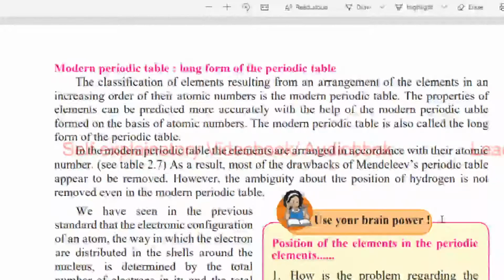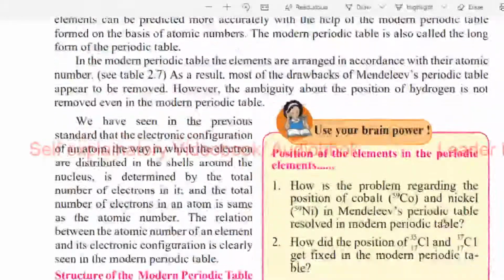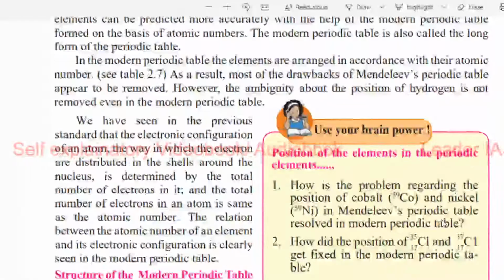The modern periodic table is also called the long form of the periodic table. In the modern periodic table, the elements are arranged in accordance with their atomic number. See table 2.7. As a result, most of the drawbacks of Mendeleev's periodic table appear to be removed. However, the ambiguity about the position of hydrogen is not removed even in the modern periodic table.